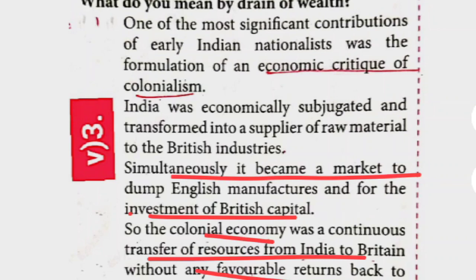So this is called the drain of wealth theory. India acted as a marketplace and transferred its raw materials to the British industries, but it did not gain anything. That is called the drain of wealth theory.